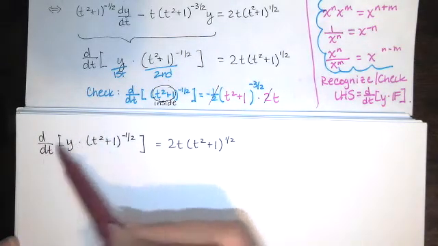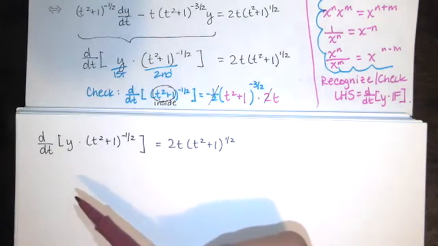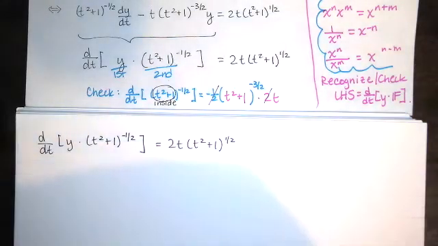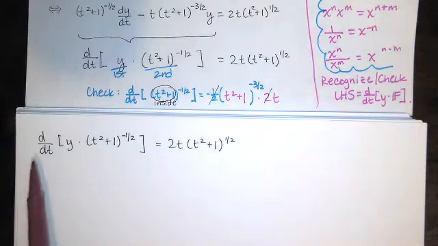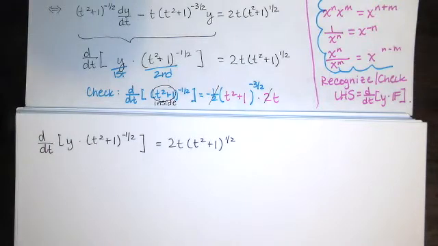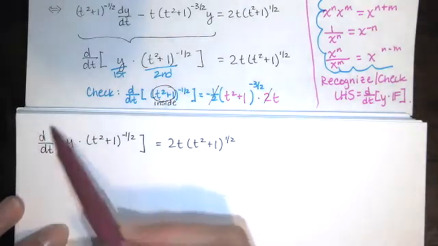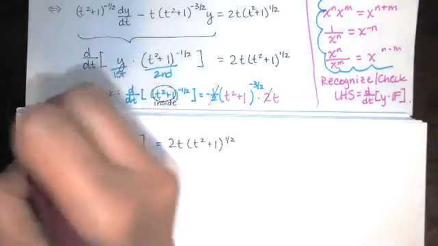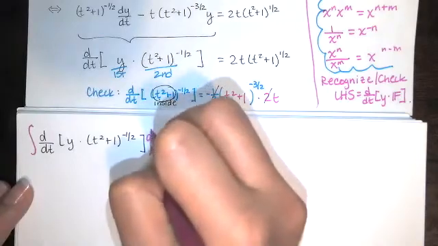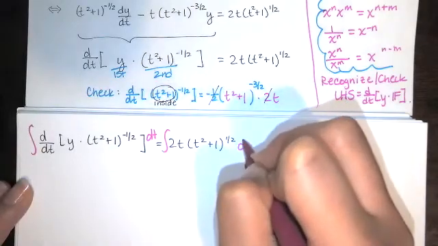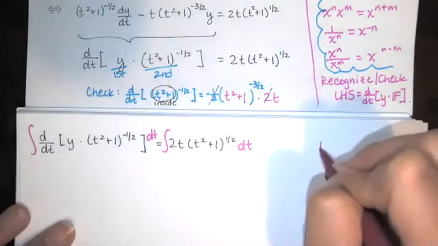And it's multiplied by this, and then we take a derivative. Well, the way we undo that is we undo the last operation that was done first until y is isolated. So we've got this derivative all the way on the outside. To get rid of derivatives, we anti-differentiate both sides with respect to t.